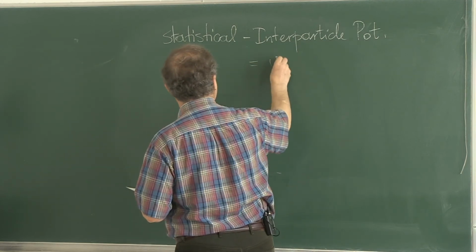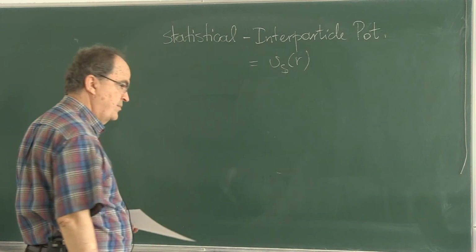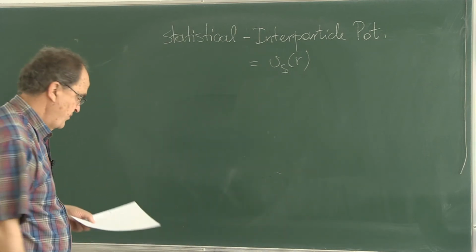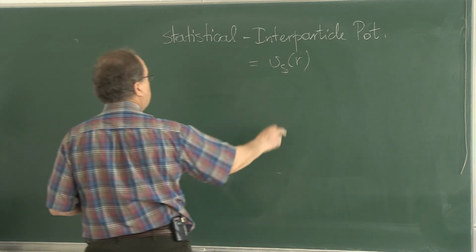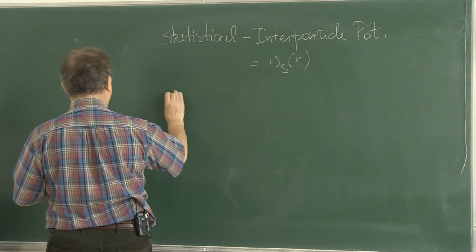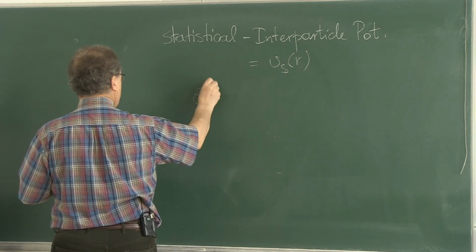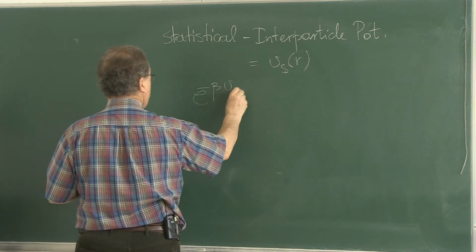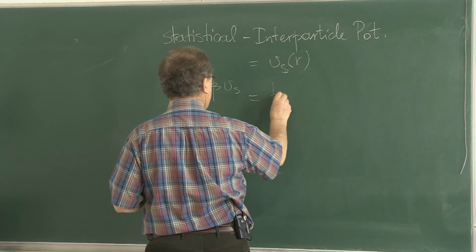Let's call that V statistical of R. This must be such that the Boltzmann factor is equal to the pair distribution function.